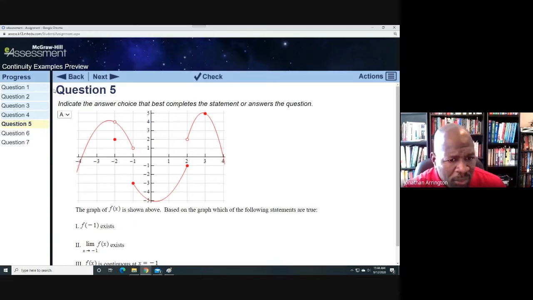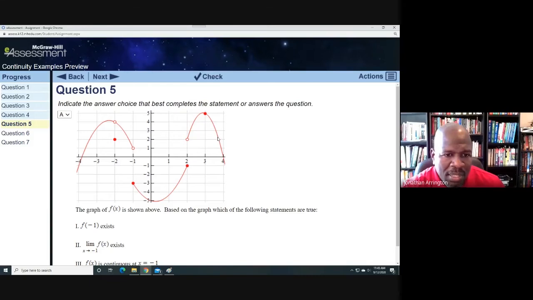All right, so I'm looking at this graph, correct? And this graph is continuous at x equals 3. I think you would agree. This graph right here is continuous at x equals 3. And of course, what makes it continuous is that f of 3 exists, and f of 3 is 5, and the limit exists, and the limit is also 5.